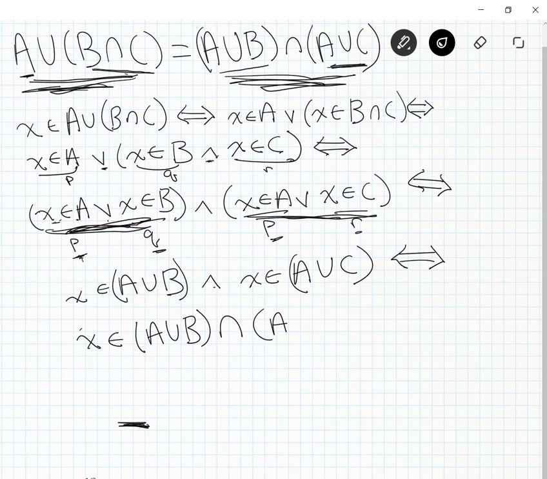So X is in A union B intersected with A union C.